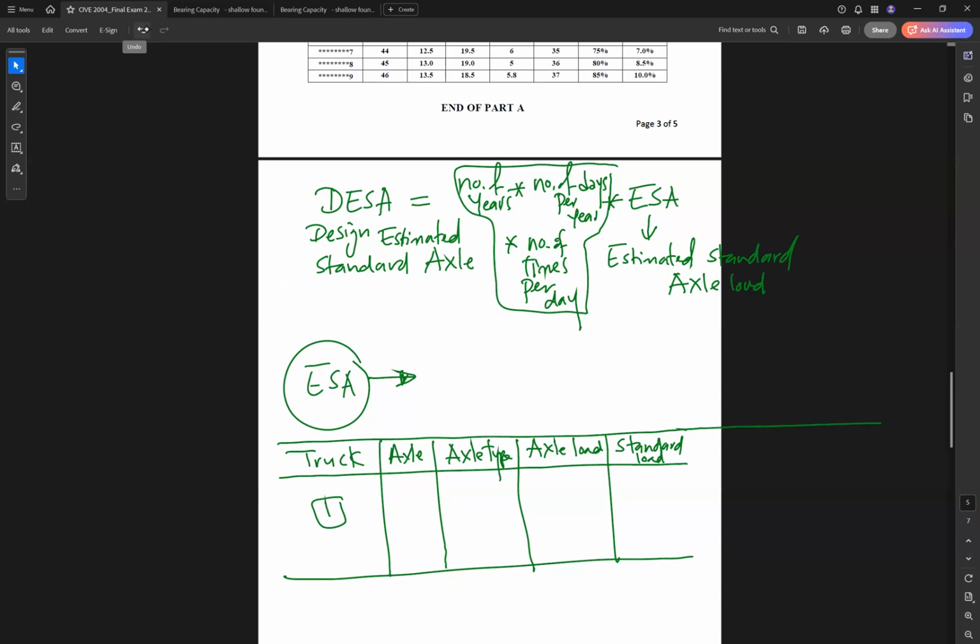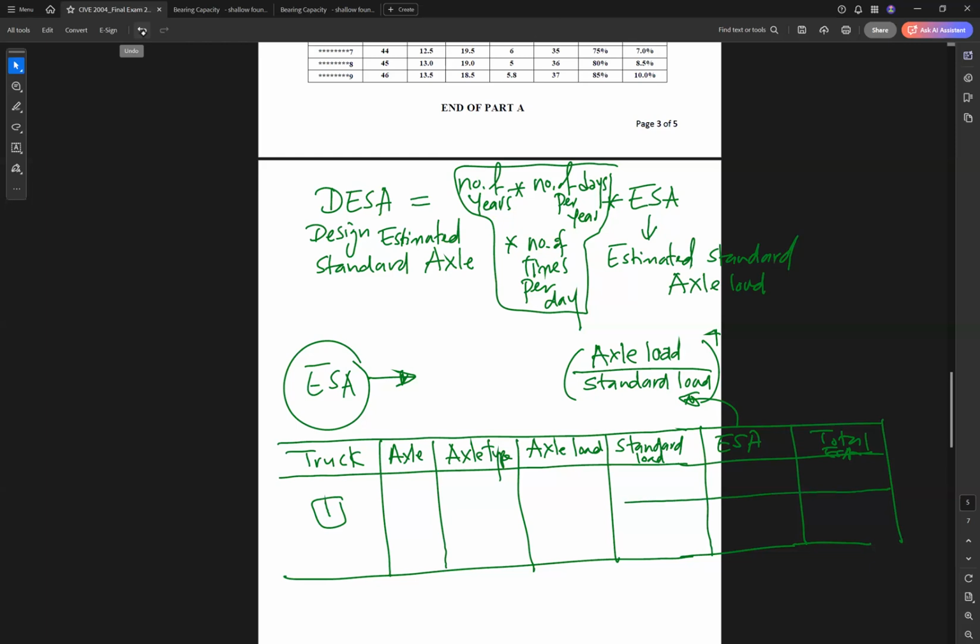After standard load, you will have the ESA. How much is the ESA? ESA is equal to the axle load divided by the standard load to the power 4. So let's look at our example here.